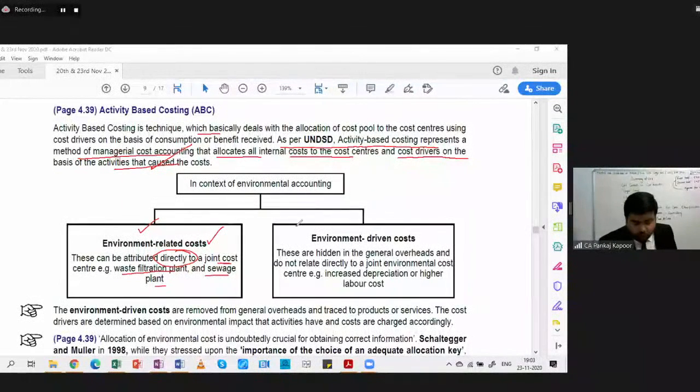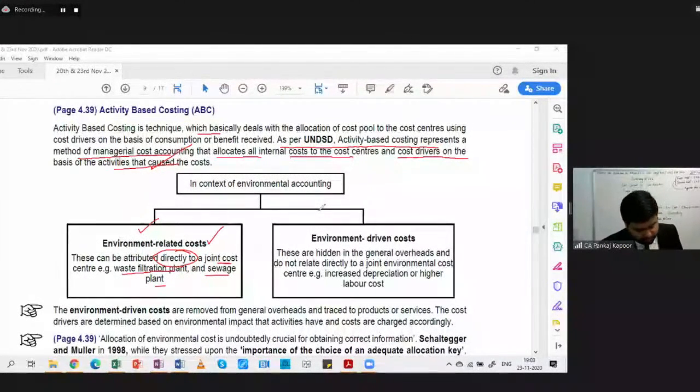No, Neil, packing cost will not always be part of the environmental cost, because here the company is producing what? The chemical. Because the company is producing the chemical, the packing will be of a specific nature. The chemical needs to be packed in specific tins so that it will not come out or leak.